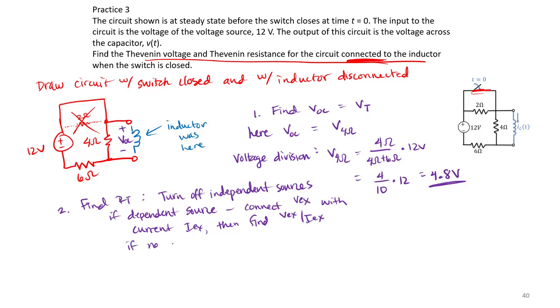If there's no dependent source, we simply find the equivalent resistance when walking from one open terminal to the other.